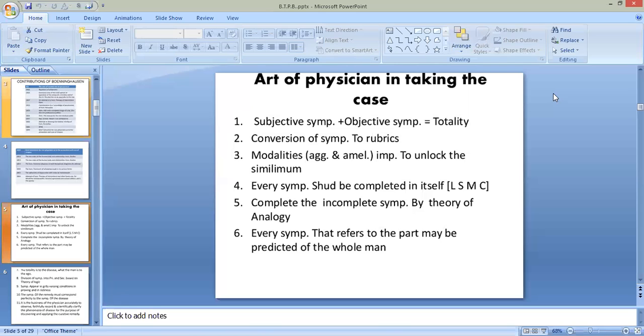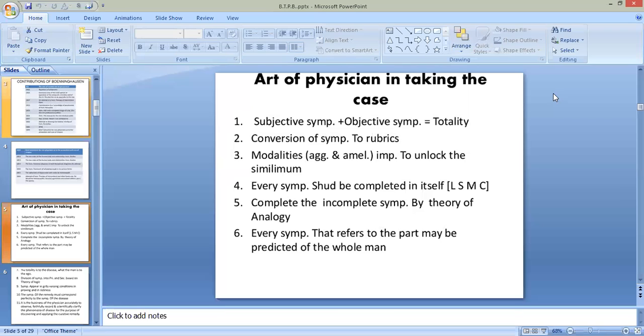So for selection of the second remedy, this concordance section is very much useful and helpful.